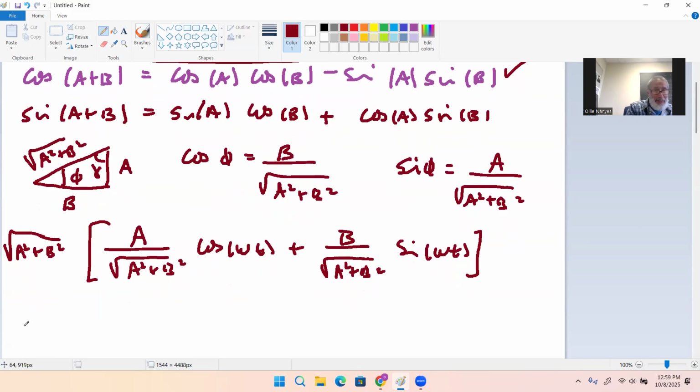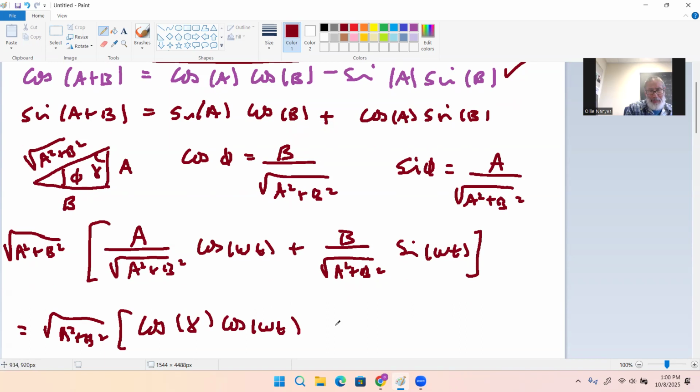So this is the square root of a squared plus b squared, times cosine of gamma, cosine of omega t, plus the sine of gamma, sine of omega t.